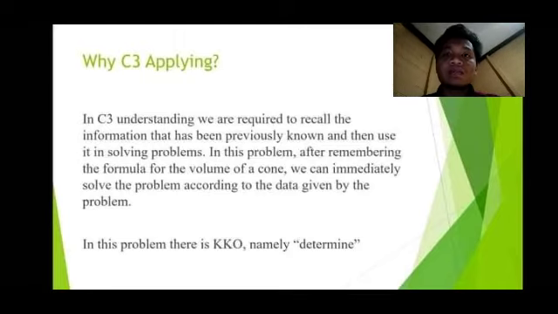In C3 applying, we are required to recall the information that has been previously known and then use it in solving problems. In this problem, after remembering the formula for the volume of a cone, we can immediately solve the problem according to the data given by the problem. In this problem, there is also a KKO, namely determine.